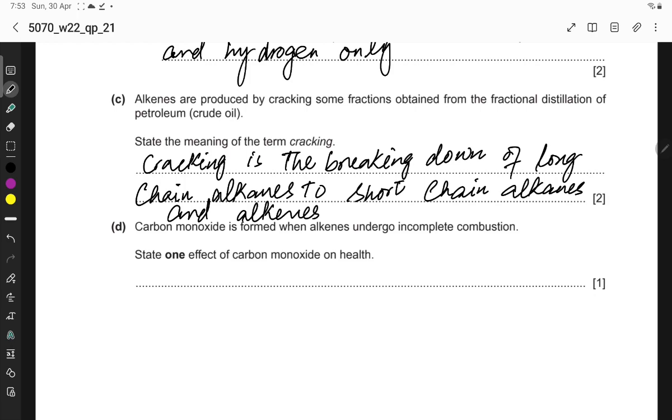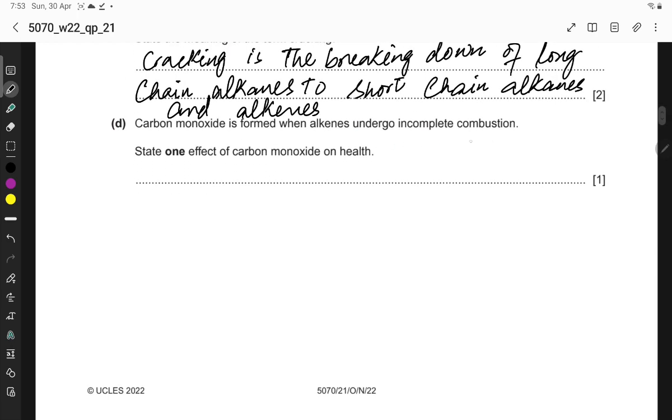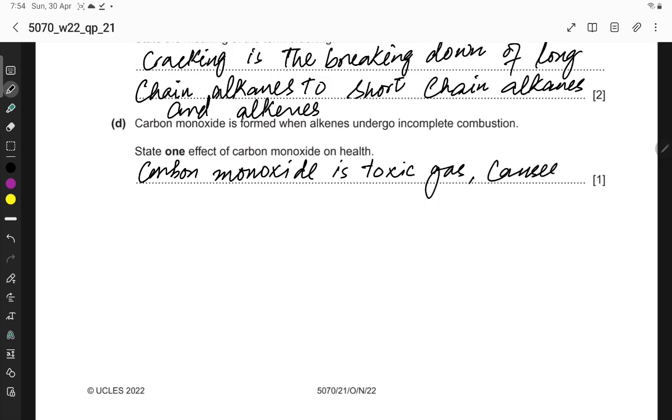Carbon monoxide is formed when alkenes undergo incomplete combustion. State one effect of carbon monoxide on health. Carbon monoxide is a toxic gas, causes death.